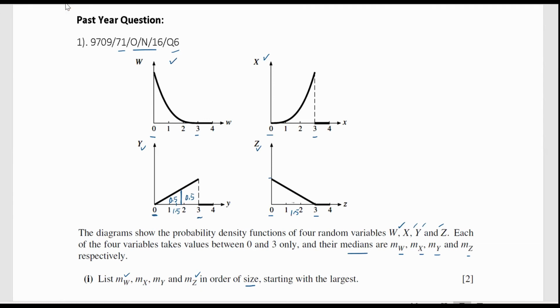So it has to be a value somewhere in between 1 and 1.5, so that the area under the graph will be half each. So can you see? It means the median of y must be greater than median of z.